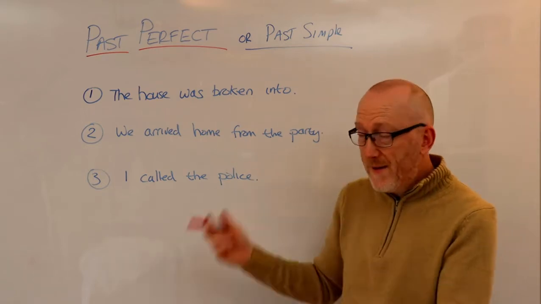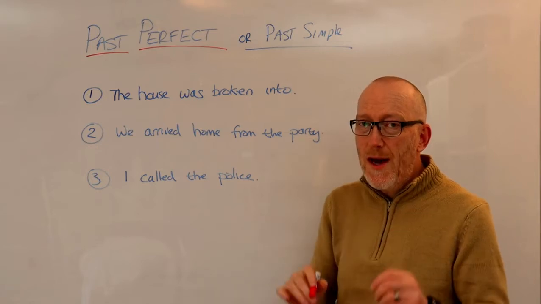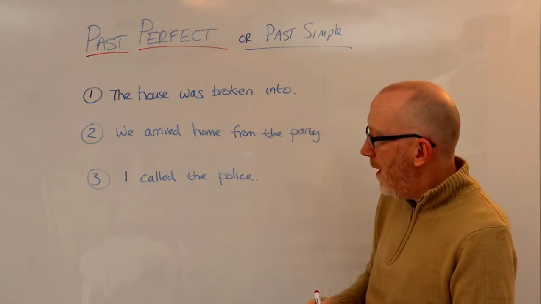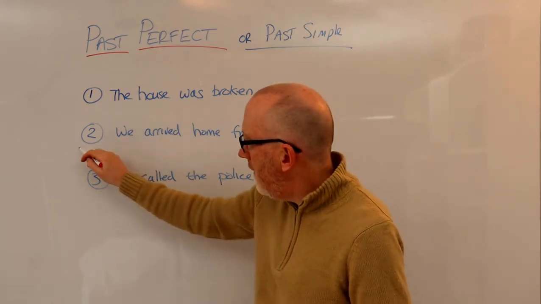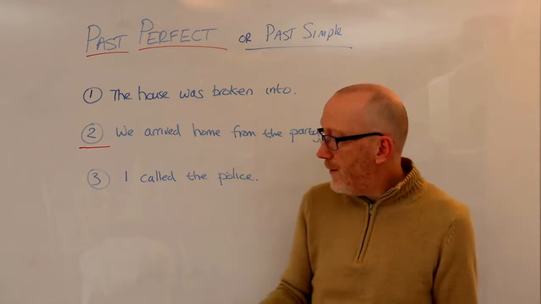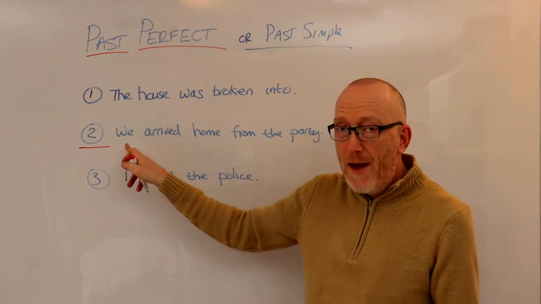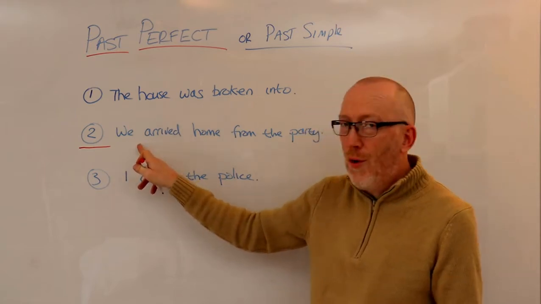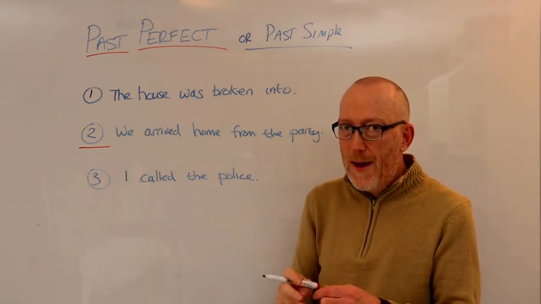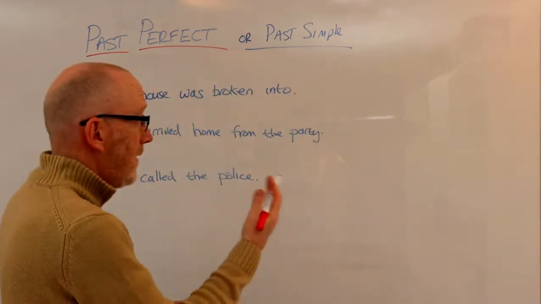So this is a sequence of events, but what we're going to do is describe this sequence and use this as our fixed point in time, and describe the events that happened before this. Let's actually write the sentence as we do it.